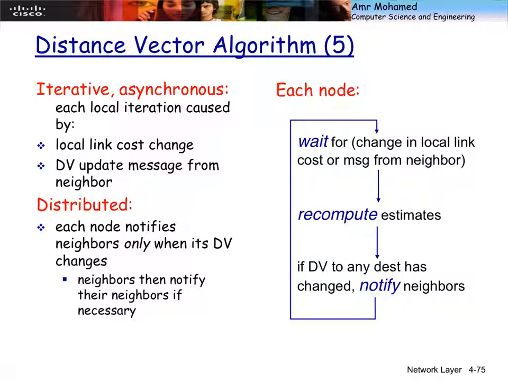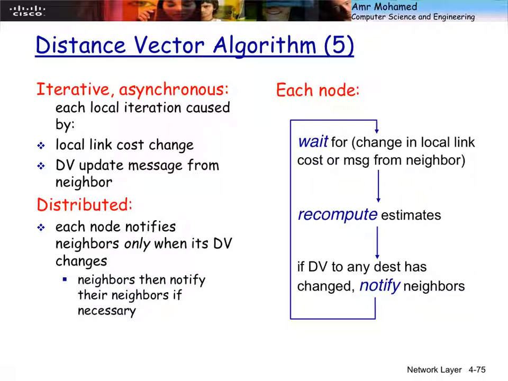Okay, some change happens, the cost on this link changes. Then, in that case, you need to re-estimate the distance and send it to all the neighboring nodes. Okay. Then you need to recompute the estimates, and if the distance to a destination changes, then you send it to others.